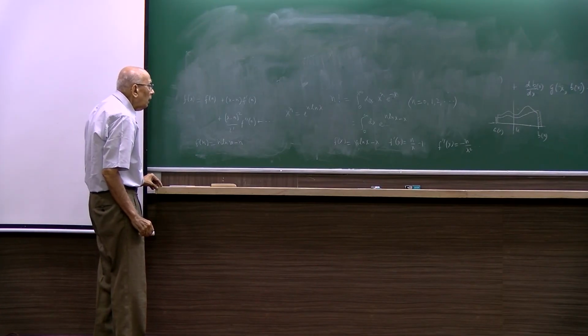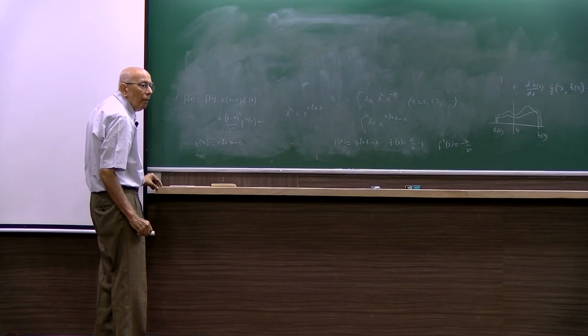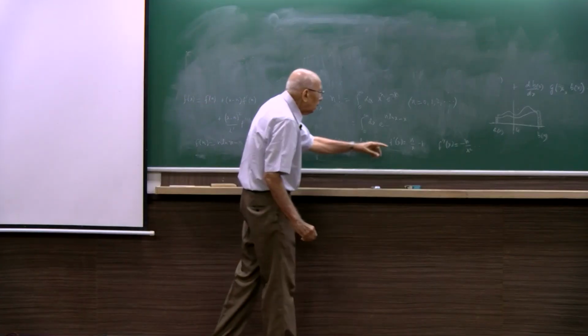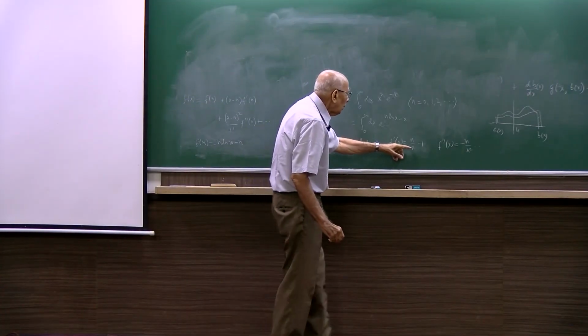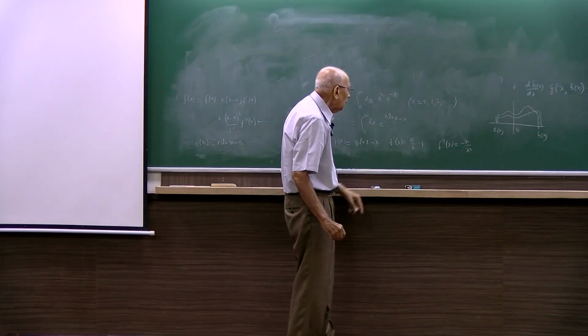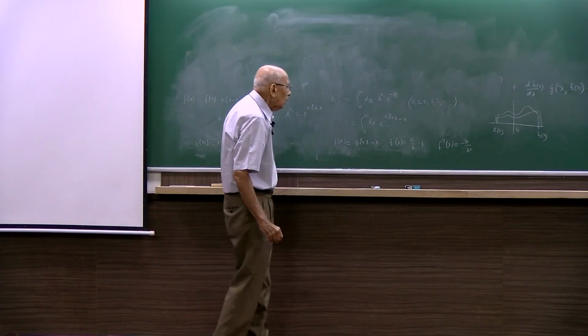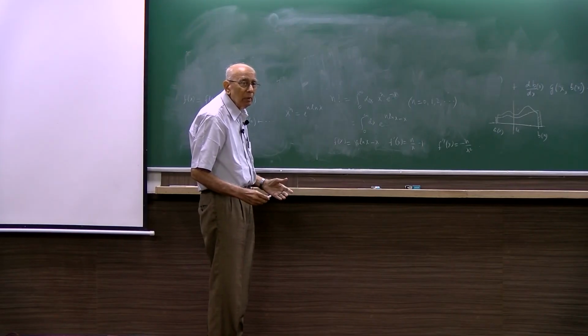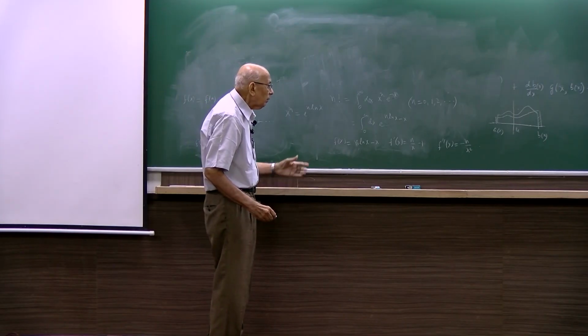What's f prime of n? We already found it. Right? f prime of x is n over x minus 1. So f prime of n is 0. We are expanding about x equal to n. So it's 0. What is f double prime?